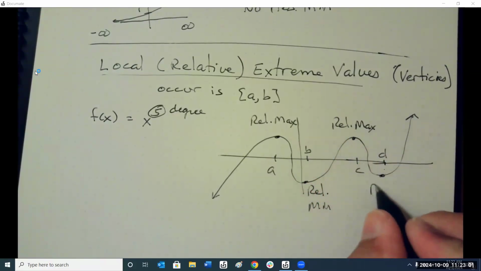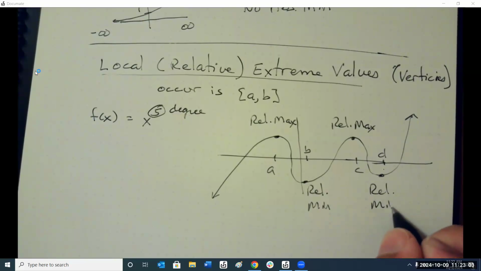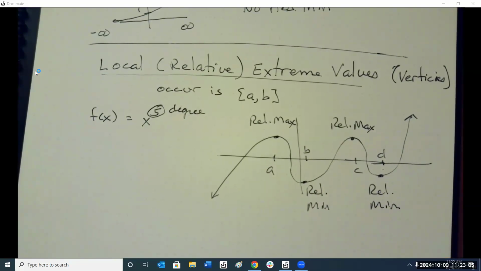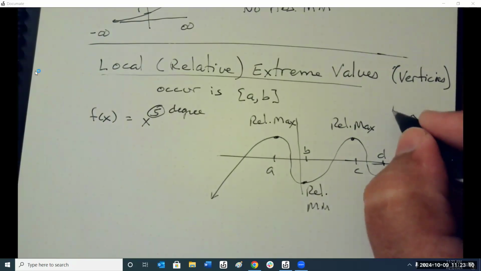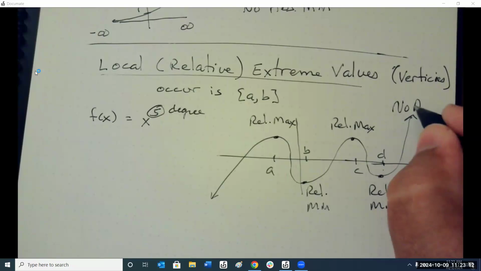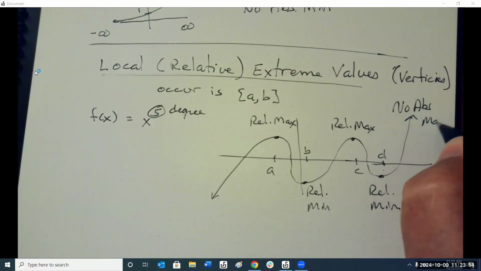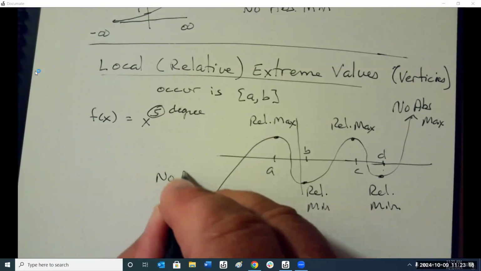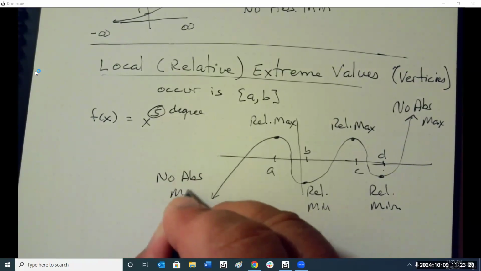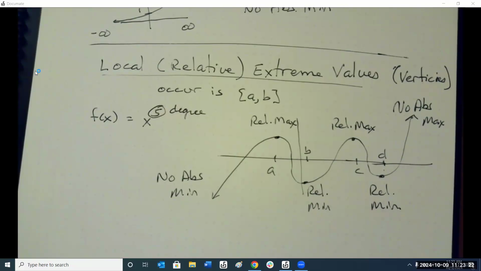This is also called a relative min. It has no absolutes. No absolute max because it keeps on going, it's an arrow. And no absolute min because it keeps on going forever that way.